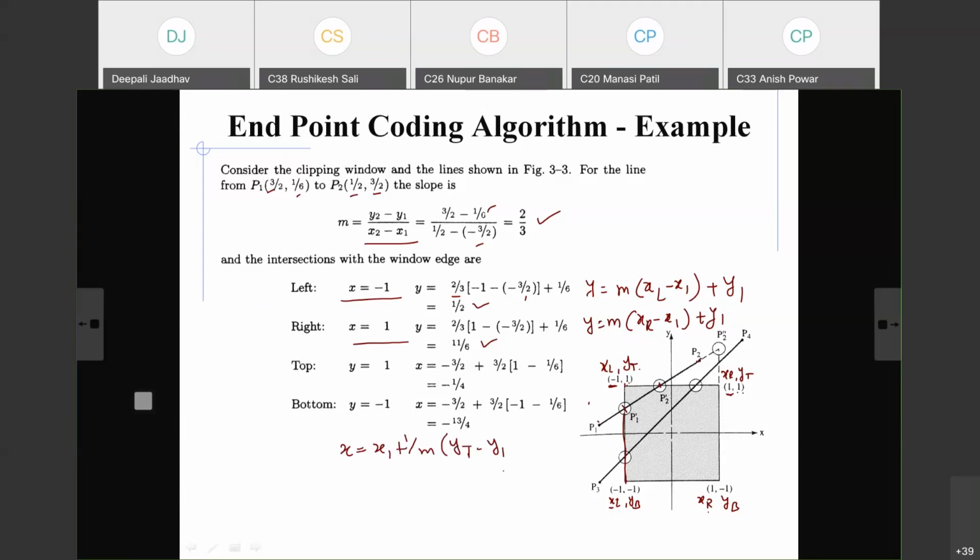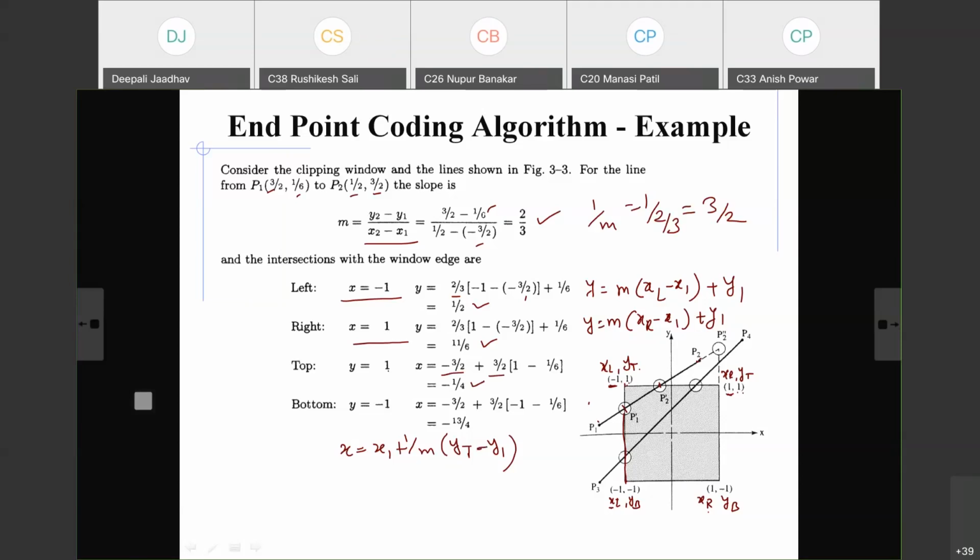The same values are put here: x1 is minus 3 by 2 plus 1 divided by m, where m is 2 by 3, so it becomes 3 by 2. So 3 by 2 multiplied by yt, which is 1, minus y1, 1 by 6. So the result is minus 1 by 4.